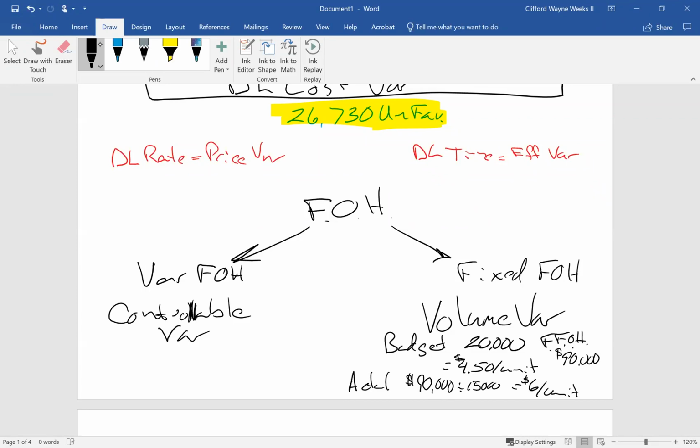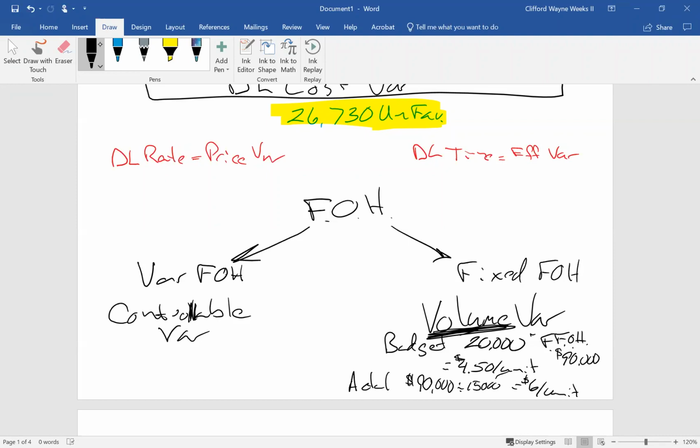The problem with that is that fixed is not variable, is it? Fixed is fixed. It doesn't matter if we did 20,000, 15,000, or 8,000. Our fixed costs are always going to be $90,000. And so the number of units that we do, the volume, dictates the standard fixed factory overhead cost.